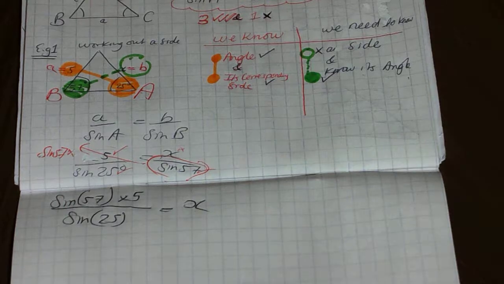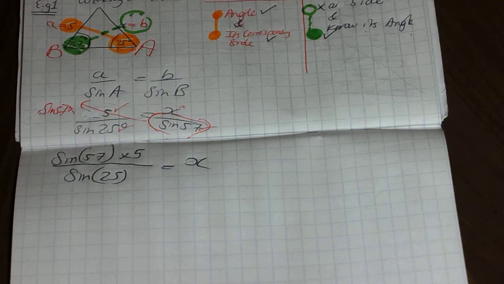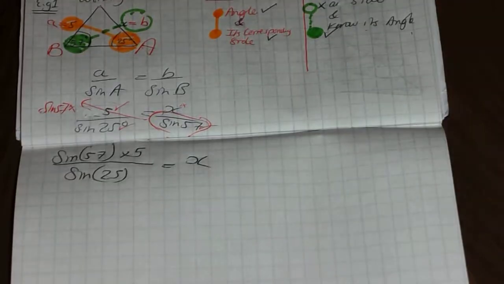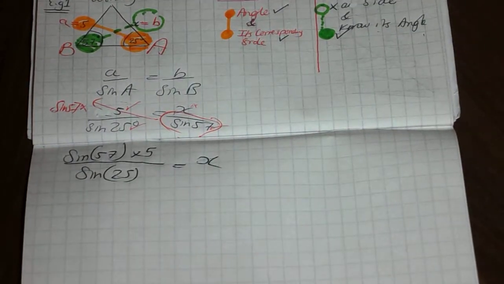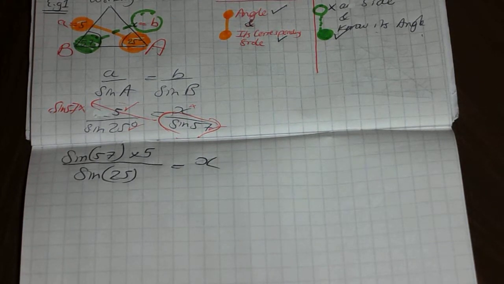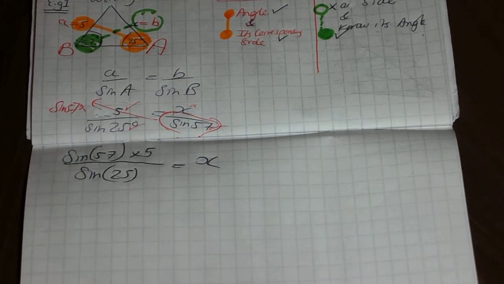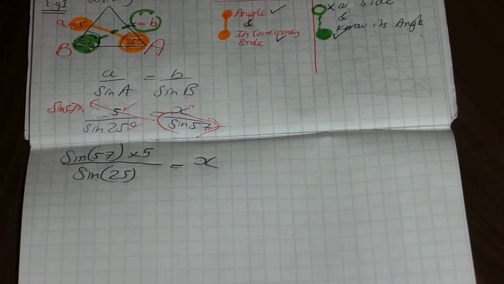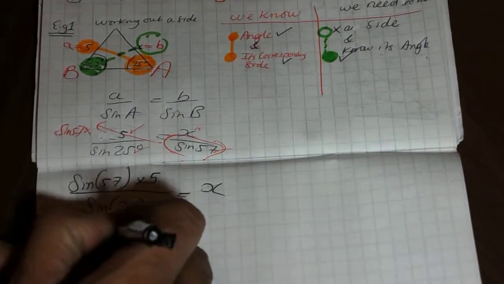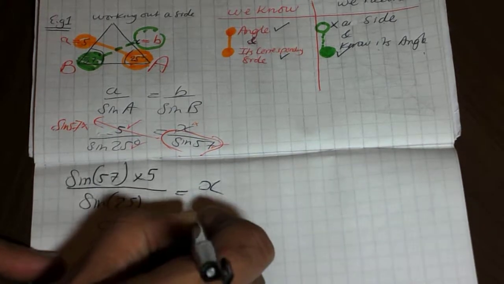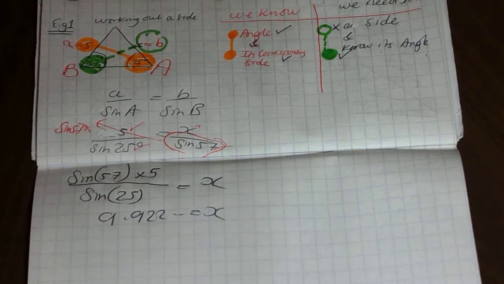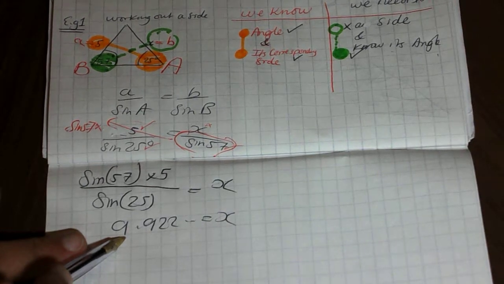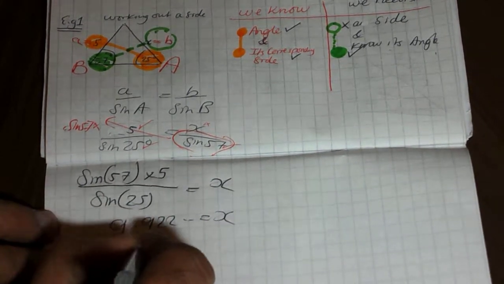So we do sine 57 times by 5, and then we're going to divide it by the sine of 25, close the brackets, equals, so that gives us 9.922. Now we need to round off to a reasonable degree of accuracy, so we're going to do that to one decimal place.